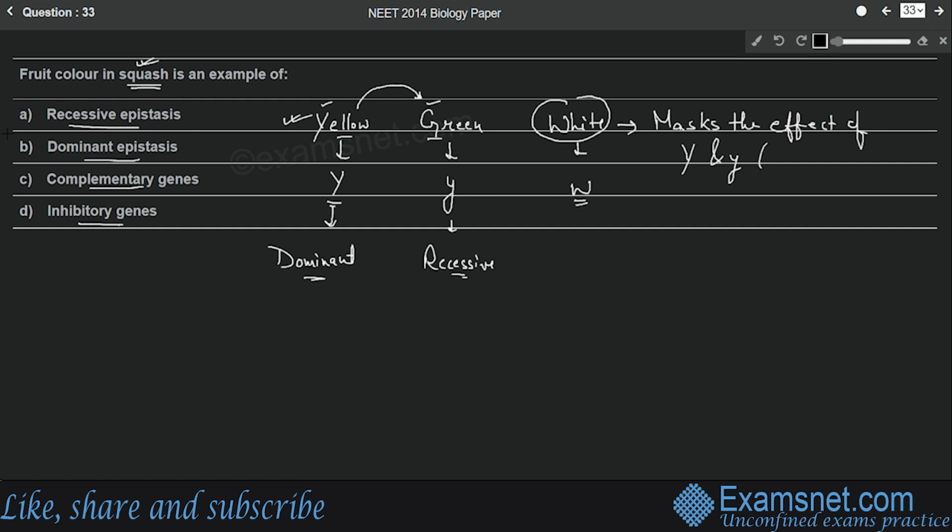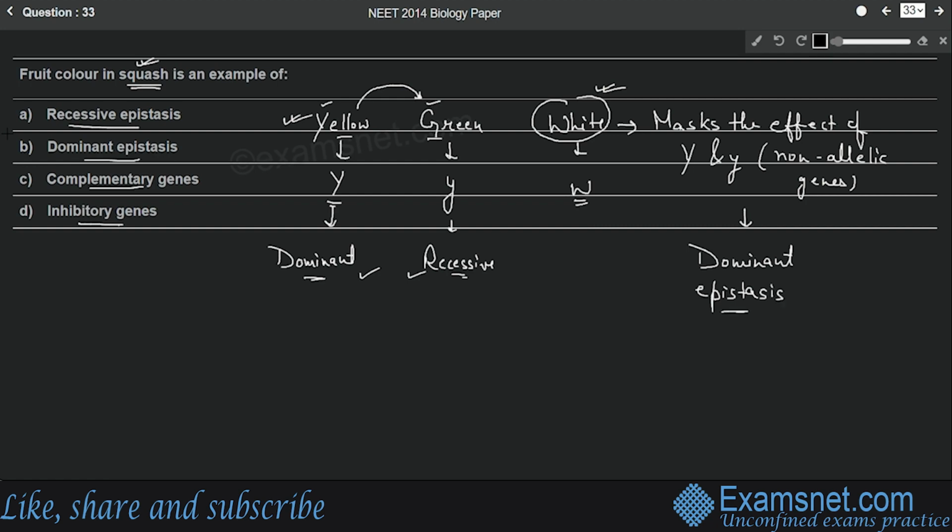That means it masks the effect of non-allelic genes, both dominant as well as recessive. Okay, the W gene, and this condition is known as dominant epistasis.